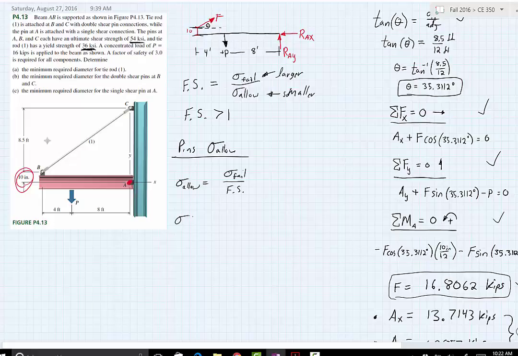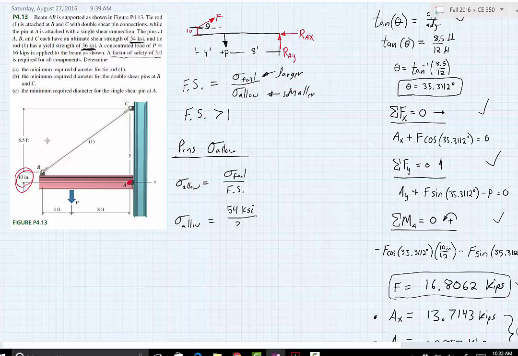So for the pins, our stress allowable is going to equal our 54 KSI divided by our factor of safety, which is stated in the problem statement to be 3.0 for all components.